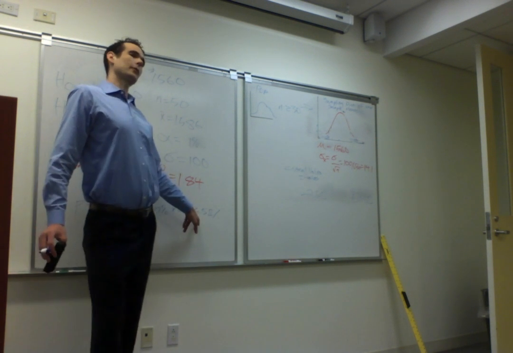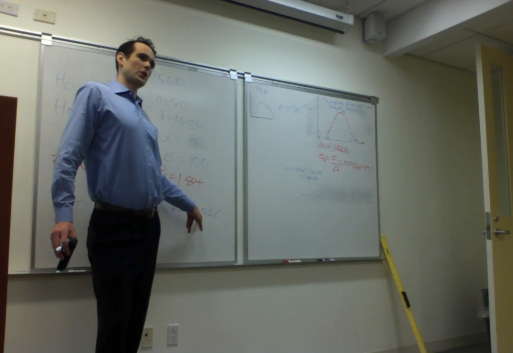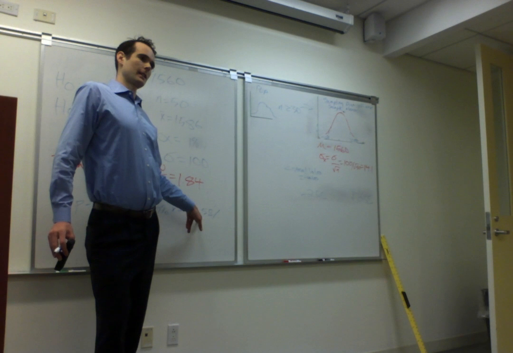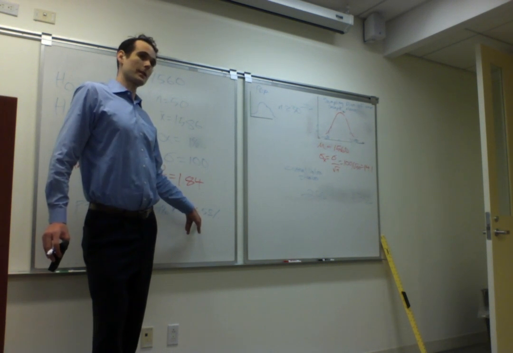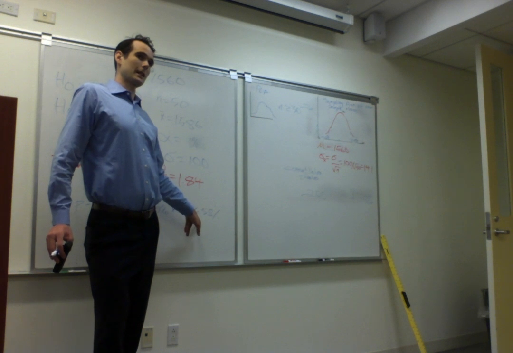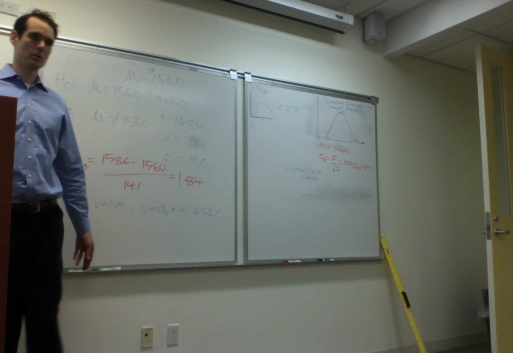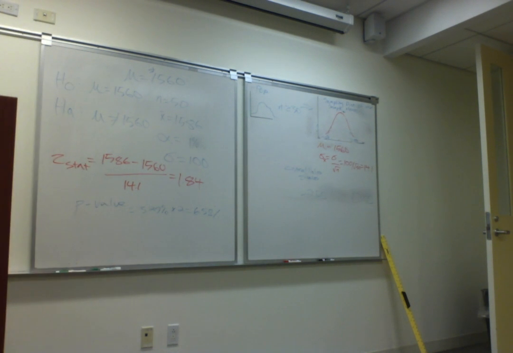If the significance level was higher than 6.6%, we rejected the null hypothesis. If our significance level was lower than 6.6%, we did not reject the null hypothesis. Make sense? All right.